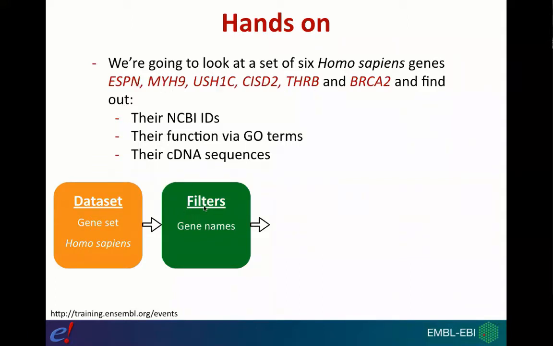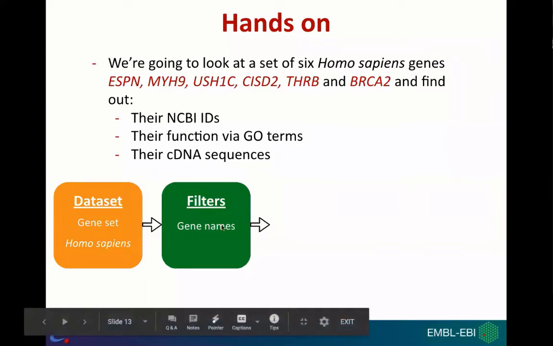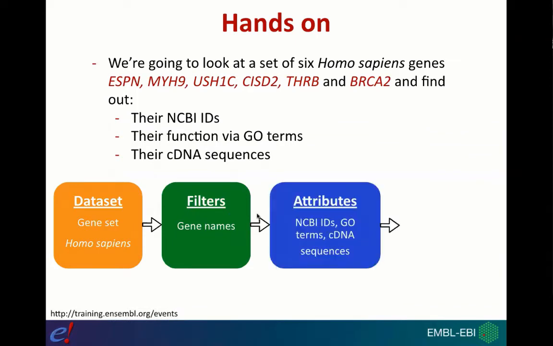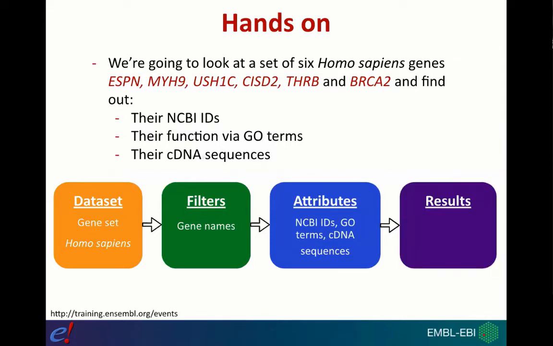What we're essentially saying is, of all the human genes, I'm only interested in the ones with these names. Step 3 is to then choose our attributes. So these are the things that we want to retrieve: the NCBI IDs, the GO terms, and the cDNA sequences. And then finally, we're going to get our results as a data table.